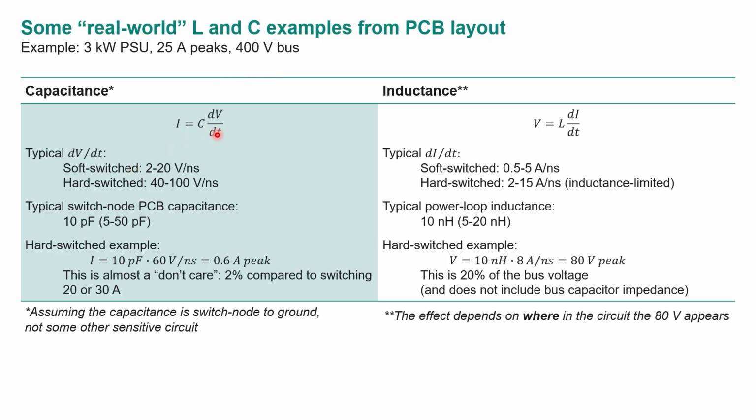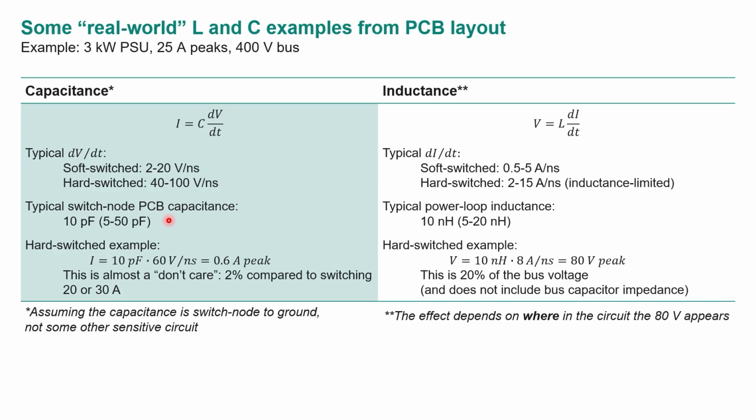And remembering that I equals C dV/dt, on the capacitance side, what is the typical dV/dt we get with these circuits? Well, in soft switching, it's typically in the range of 2 to 20 volts per nanosecond. Hard switching is quite a bit faster, typically like 50 or 60, ranging from 40 to 100 volts per nanosecond.